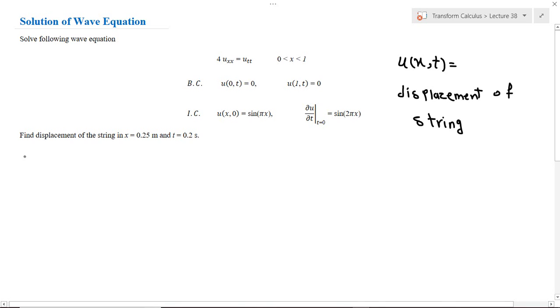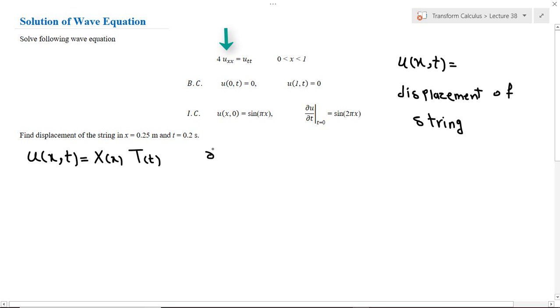So at first, we assume that u of x and t is equal to a product of X, which is function of x, and T, which is function of time. Then I have to find second derivative of u with respect to x, second derivative of u with respect to t, and then plug in the partial differential equation.